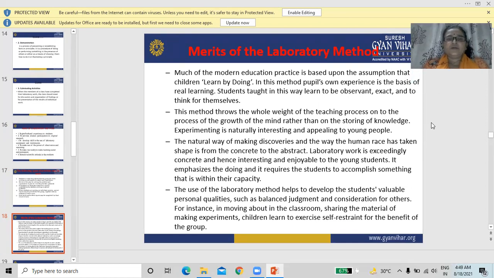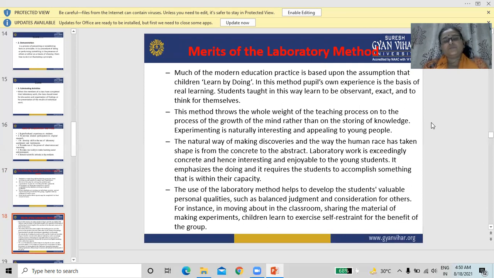First merit of laboratory work is much of modern education practice is based upon the assumption that children learn by doing. In this method, pupils' own experiences are the basis of real learning.